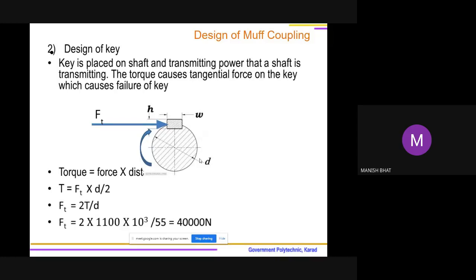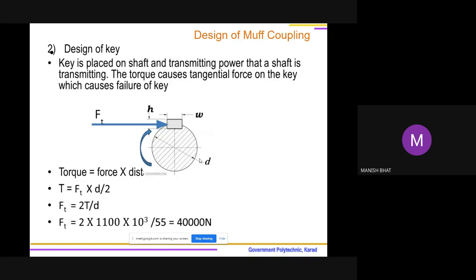If we put the torque here, with the diameter we have selected, 55 millimeter, the tangential force acting at the shaft will be 40,000 Newton. Putting in the values, you will get that a 40,000 Newton tangential force is acting at the key. So the key should be designed for this tangential force.